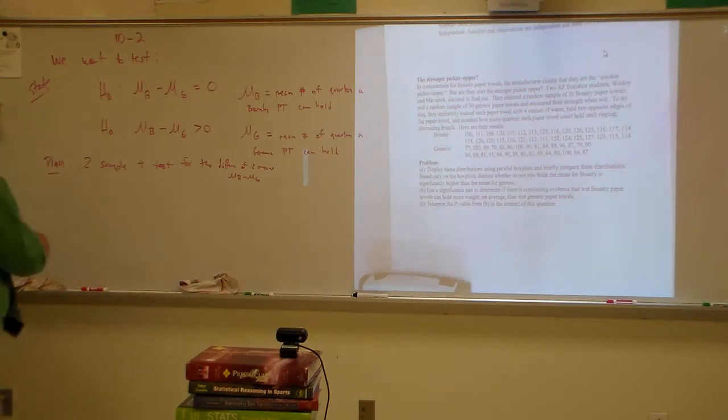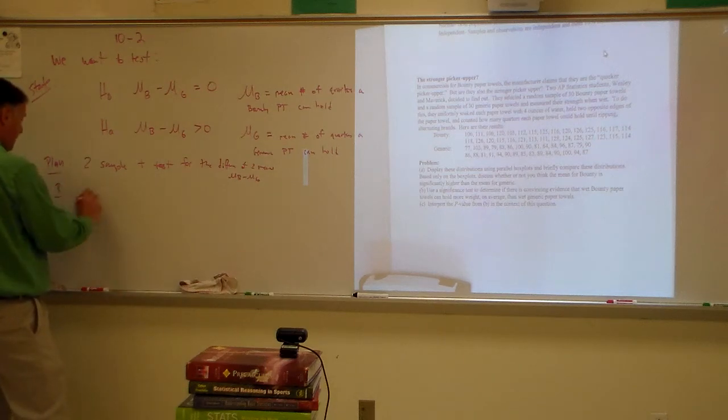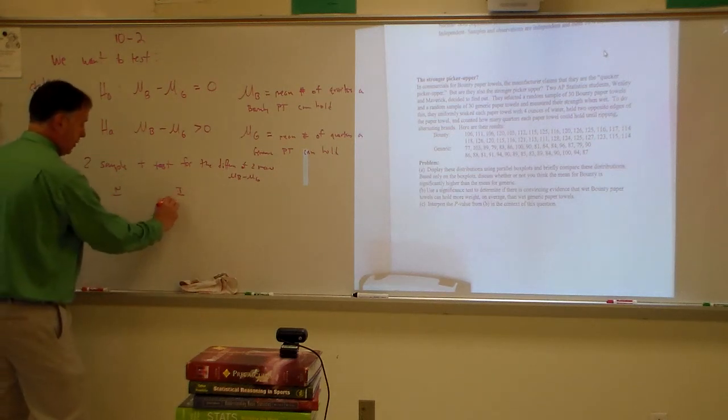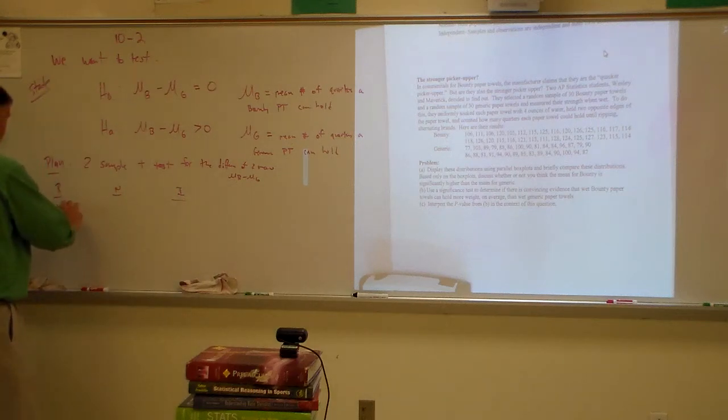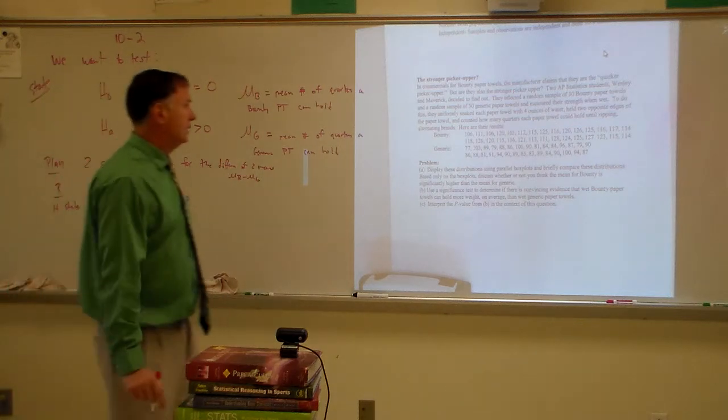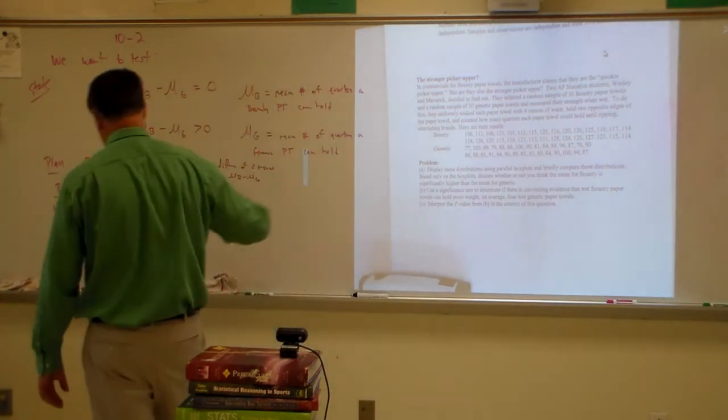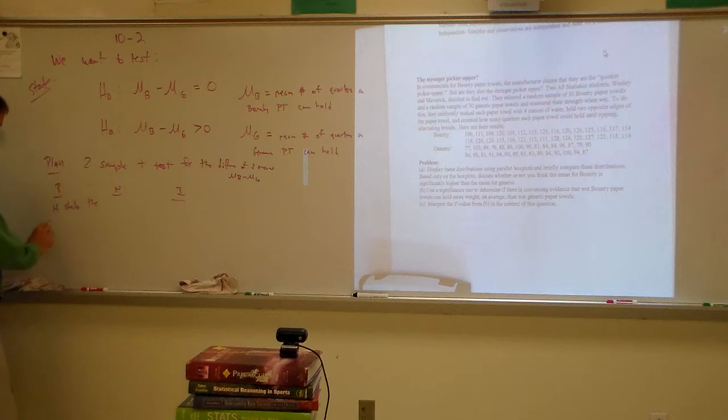So let's do our random, let's do our normal, let's do our independent. Random, it states random samples of paper towels. It states the samples were collected randomly. Okay?